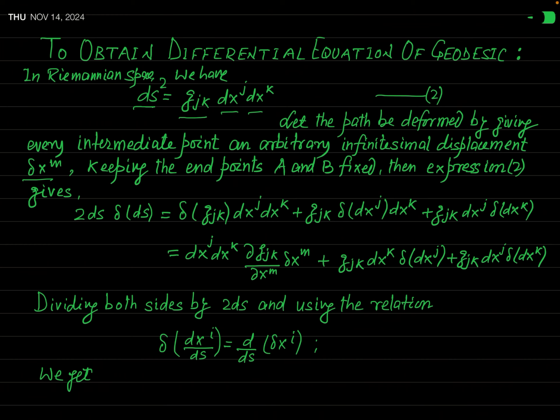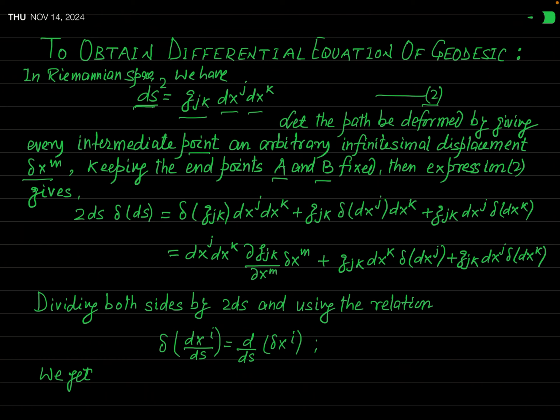So if the path is deformed by giving every intermediate point on AB the amount delta x^m, but keeping A and B fixed, then this equation 2 in this condition will give a proper value. What will be that? In other words, now we are going to operate the variational operator delta on this equation 2.